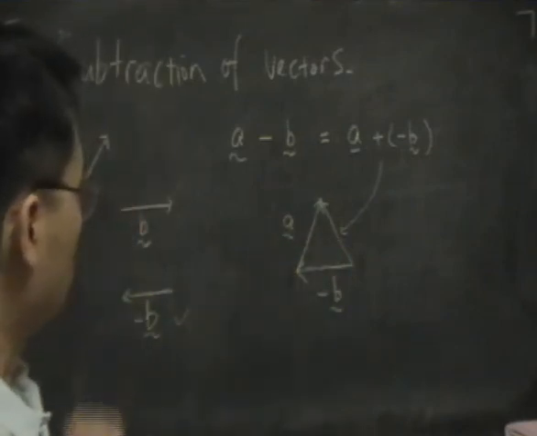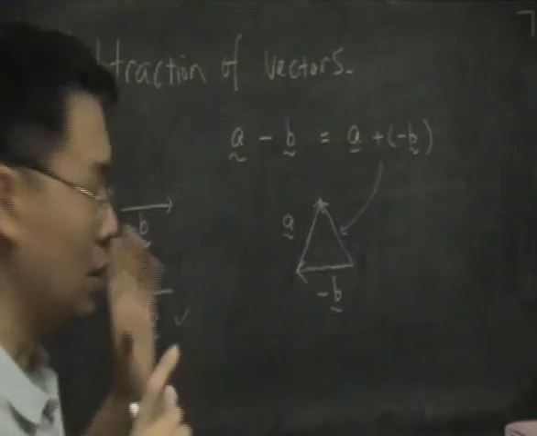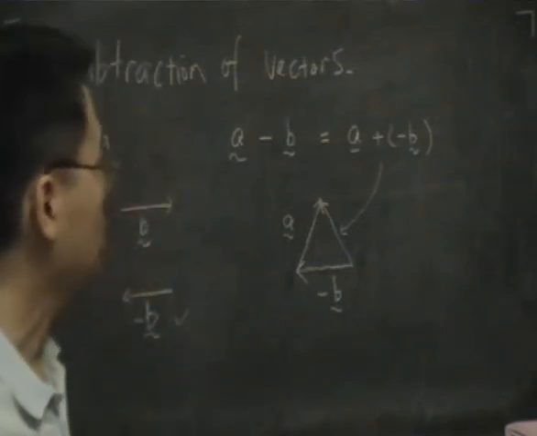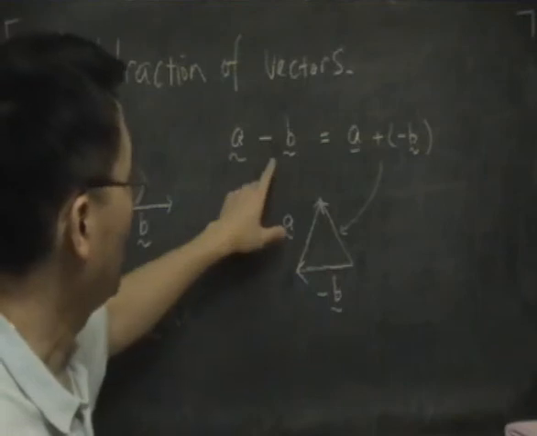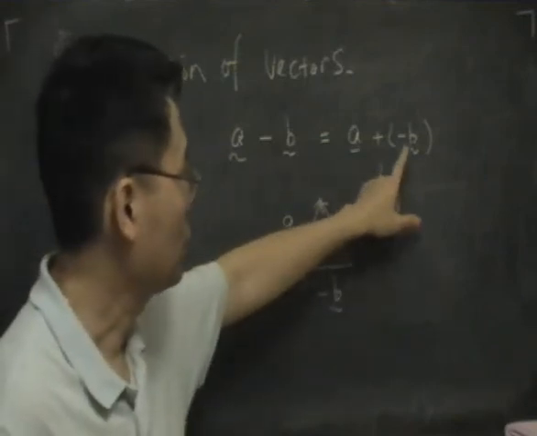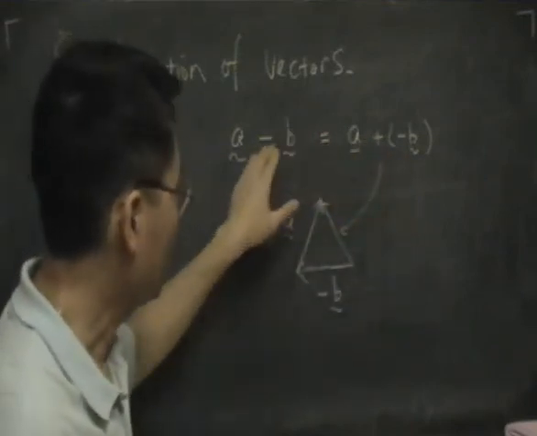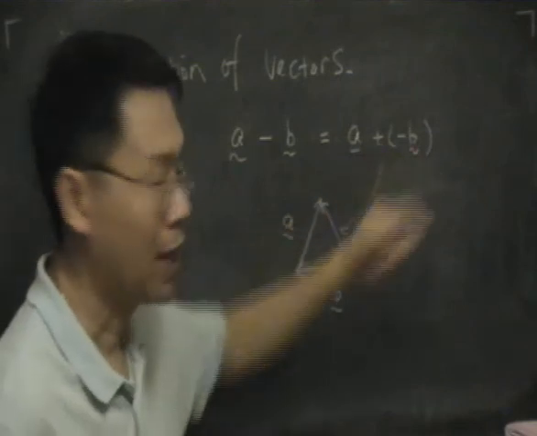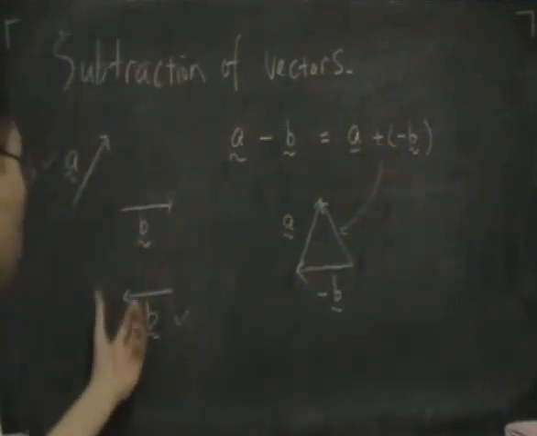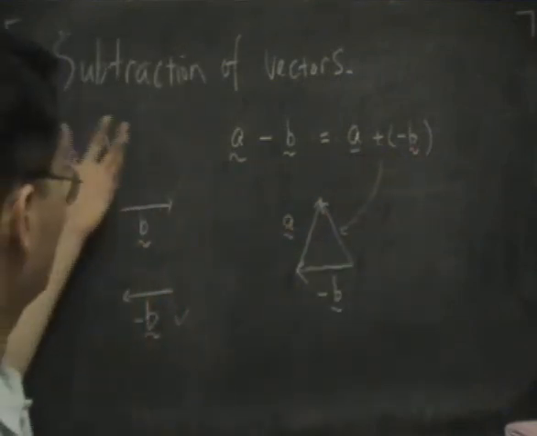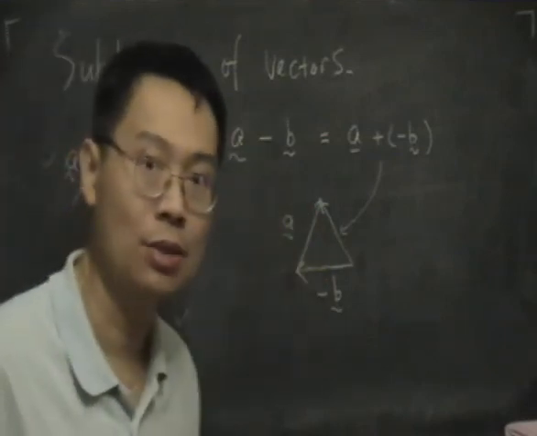Now it's still a little bit troublesome to have to first change the subtraction to the addition of a negative vector, then reverse the vector, and then move things around until we get the triangle.